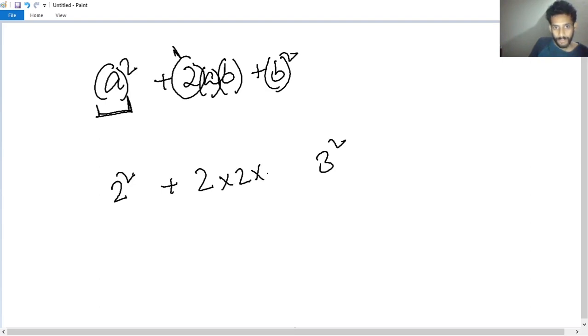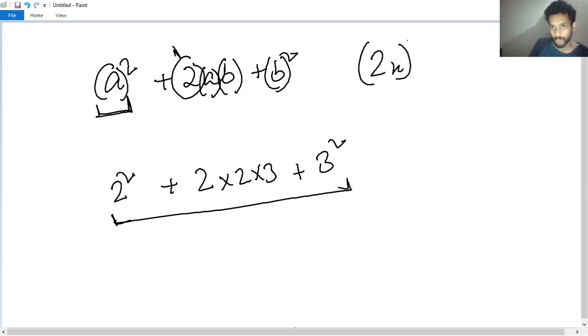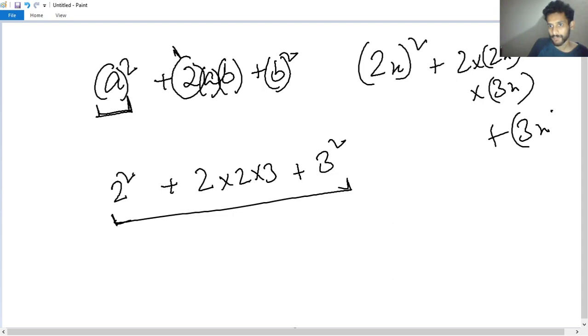So this into this plus 3 square. This is the perfect square trinomial. We can write this as 2x whole square plus 2 into 2x into 3 plus 3 whole square. So these are called perfect square trinomials.